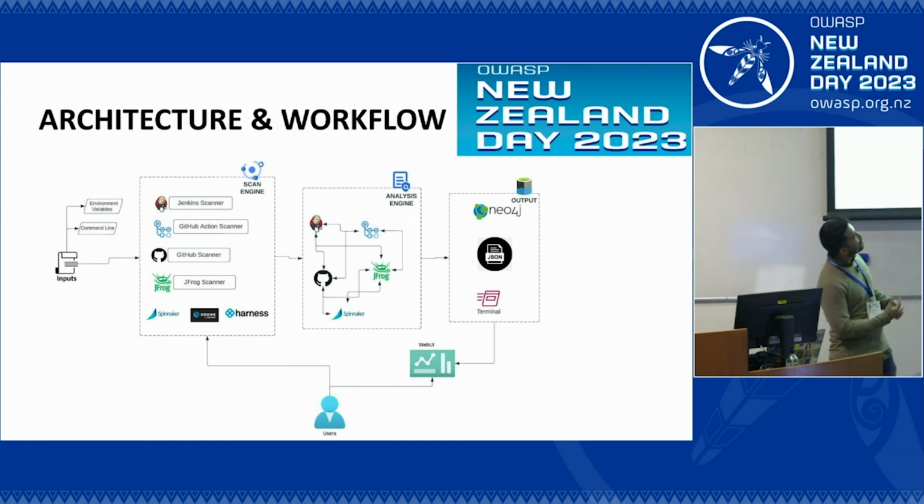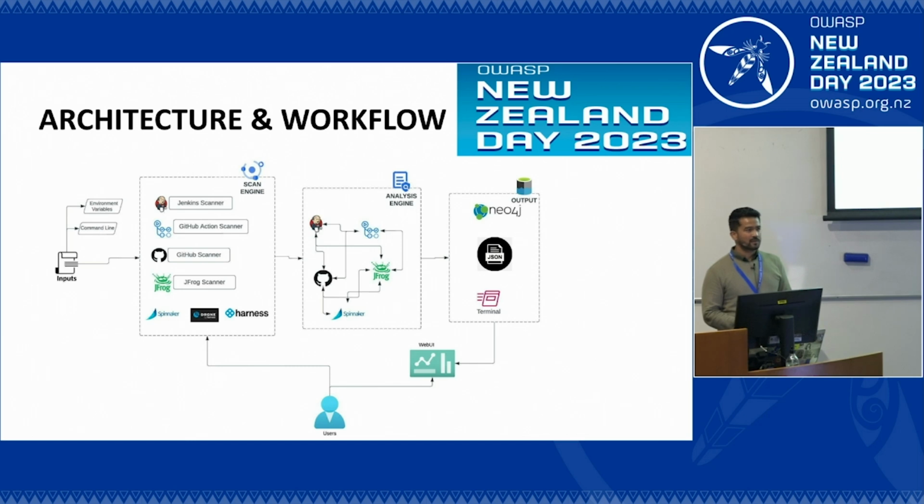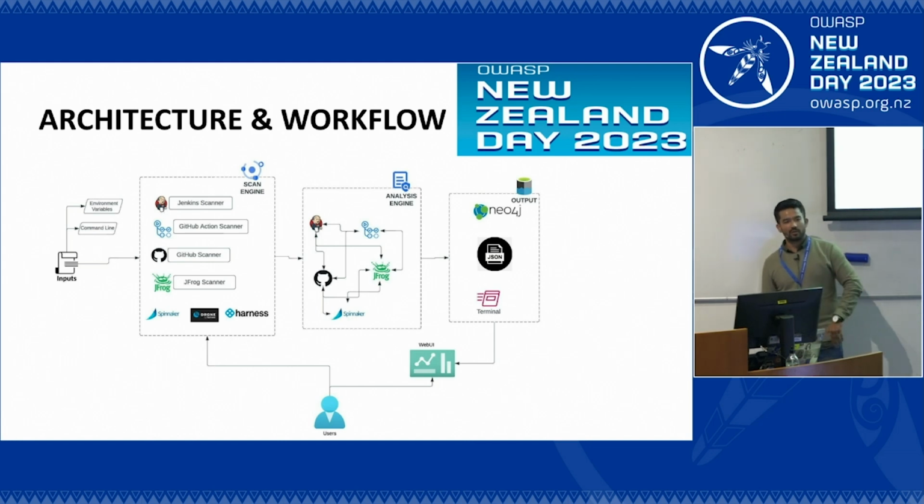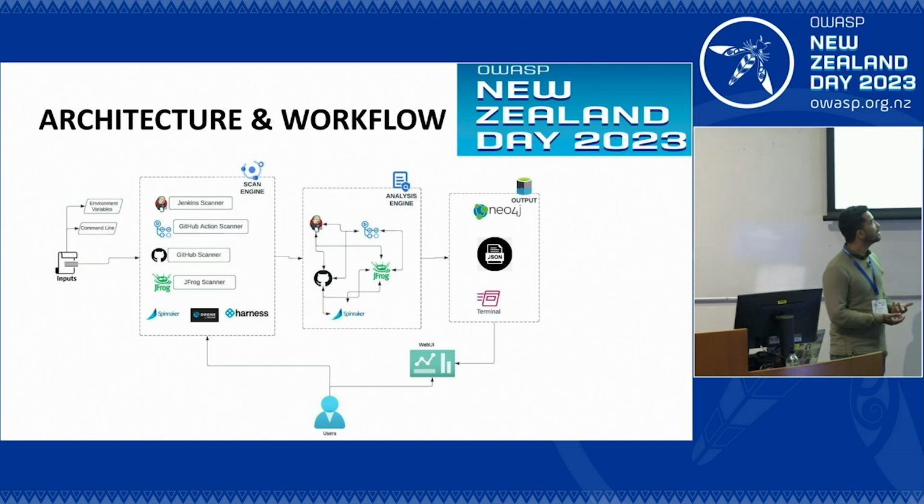And as more and more scanning you do in your environment, the more analysis it will build out of it. So scanners, a bunch of Python scripts specific to each technology, can be run independently. At the same time, you have the option to put data into the Neo4j database. The analysis engine will fetch the data from the Neo4j database. The more technology you have, the more analysis it will be able to build.